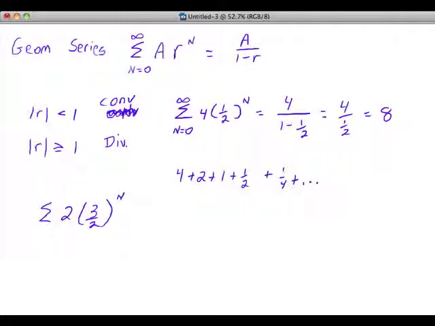In this case, the a is 2 and the ratio is 3/2. 3/2 is greater than or equal to 1, which means that this series would diverge. The reason is that the absolute value of the ratio is greater than or equal to 1.